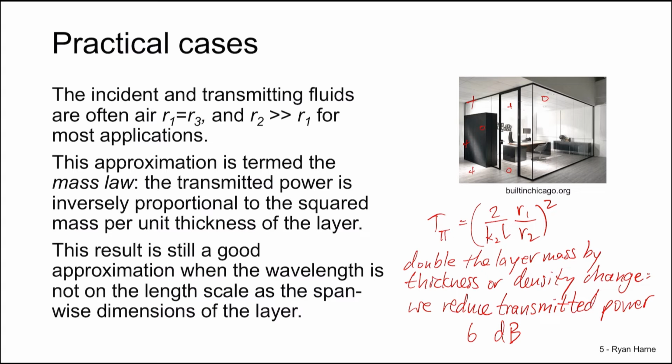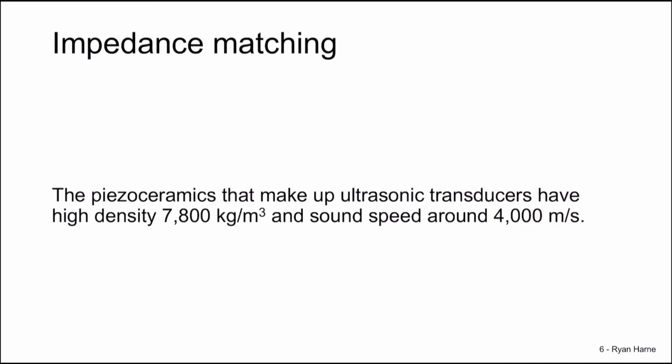This result is accurate so long as the span-wise dimensions, for instance A and B here for the glass wall, are much greater than any given wavelength considered. Another common implementation of this theory is in the practice of impedance matching. One outlet is when we use ultrasonic transducers.